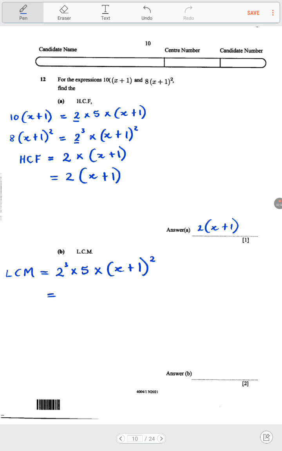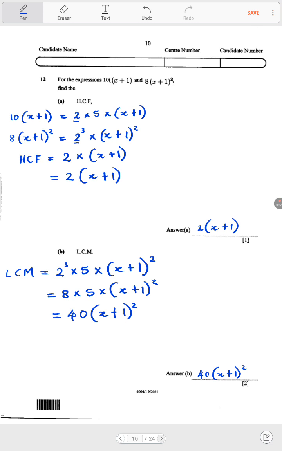So this is 8 times 5 times (x + 1) squared, and our answer is going to be 40 times (x + 1) squared. So this is the lowest common multiple of those two numbers.